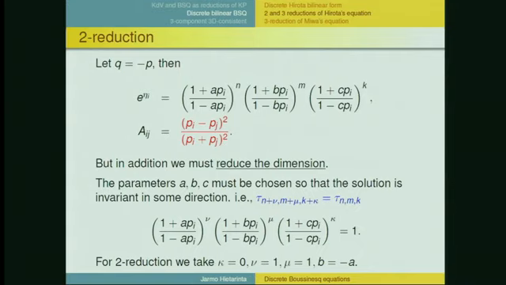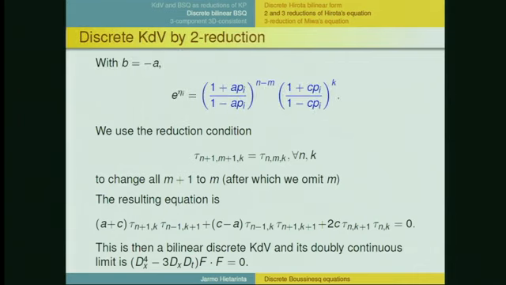So in the KdV case, we can take k is 0, mu is 1, and mu is 1. And then to cancel this to be 1, I take b is minus a. So the net result is here. This is then the equation, discrete bilinear KdV equation. And indeed, if you take the double continuous limit, you get the KdV equation. So this method seems to work.